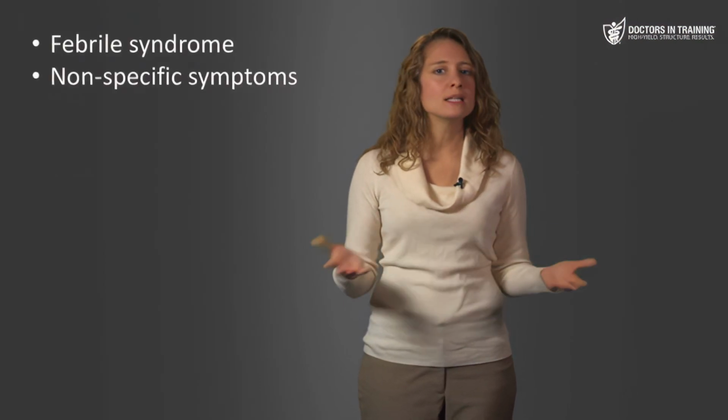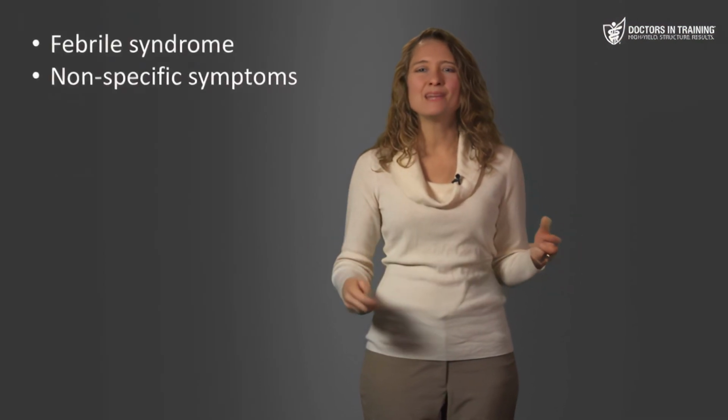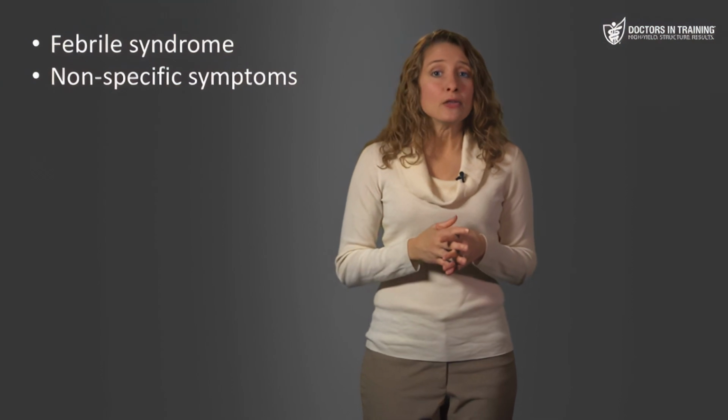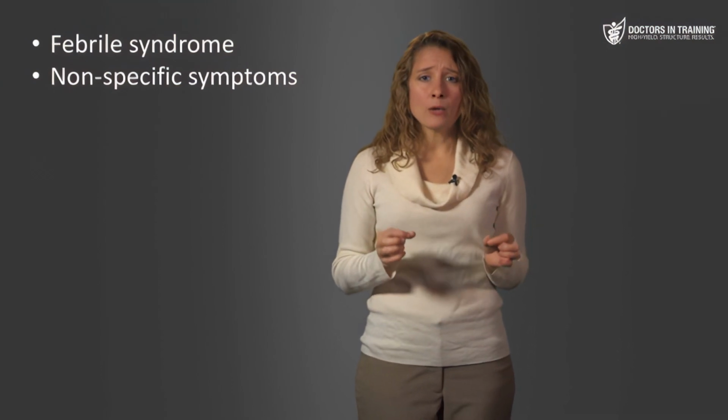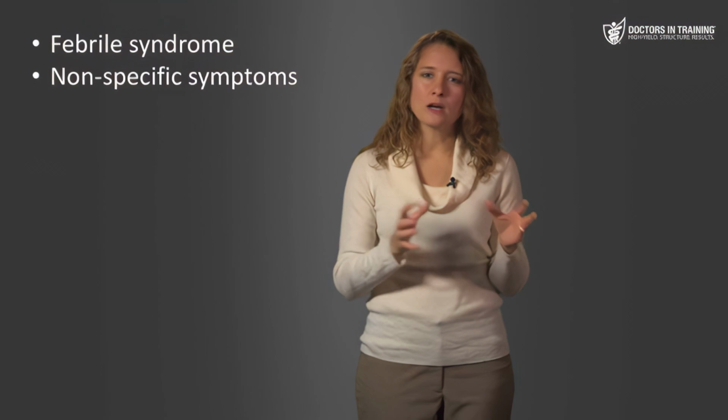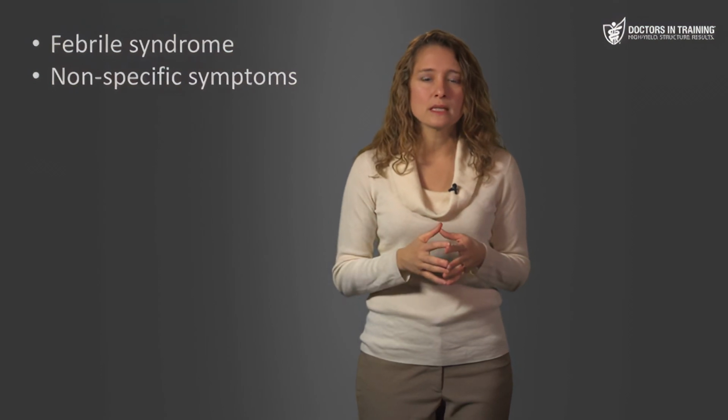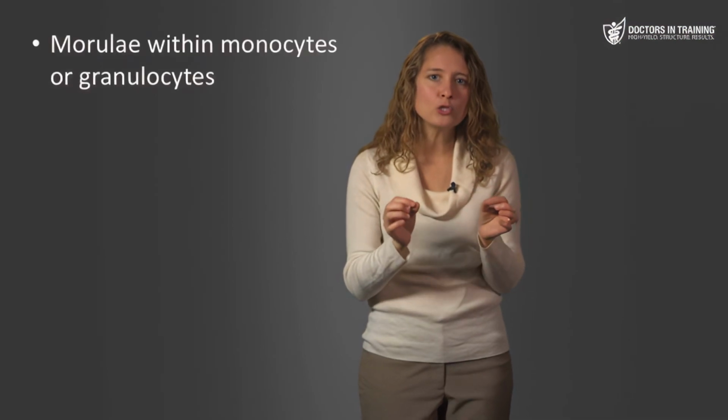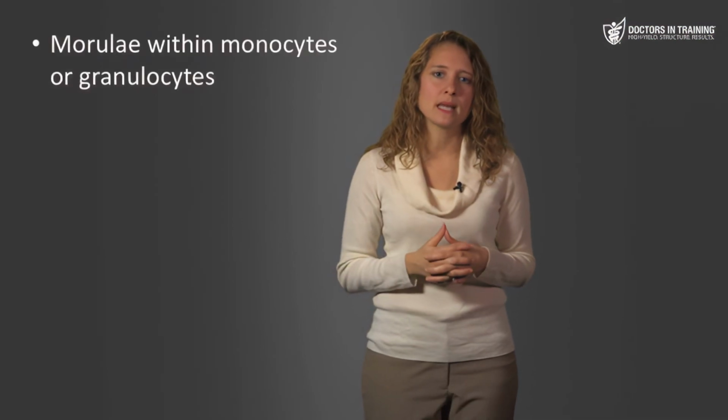They present with an acute febrile syndrome with nonspecific symptoms like headache, myalgias, chills. There can be some impressive lab abnormalities, but it's really hard to differentiate from some other illnesses, and it's hard to get a good diagnosis on this one as well. Culturing these organisms is nearly impossible. So one way to diagnose these infections is by looking for morulae, or inclusions within the monocytes or the granulocytes.